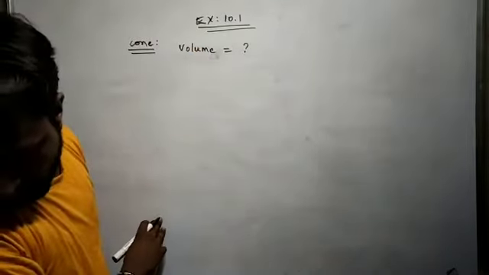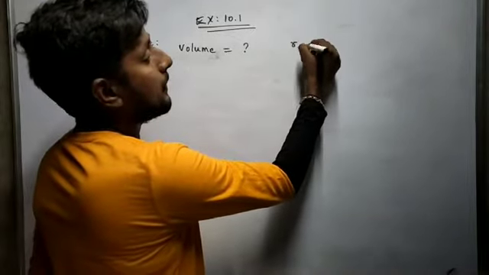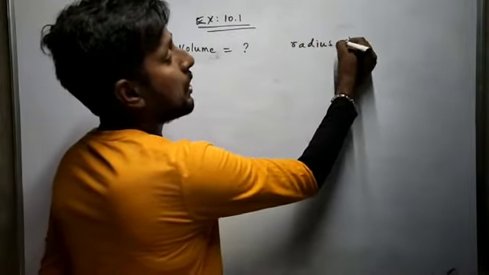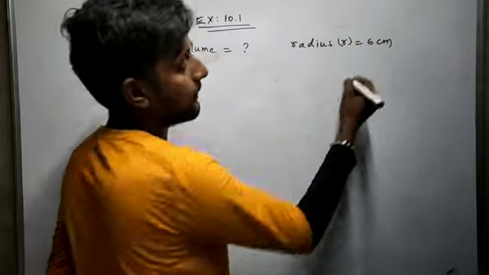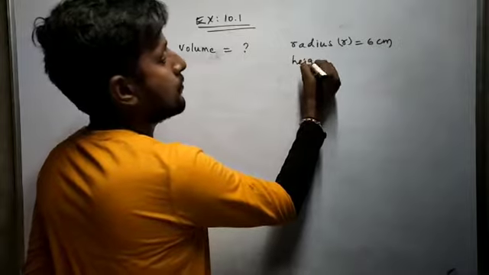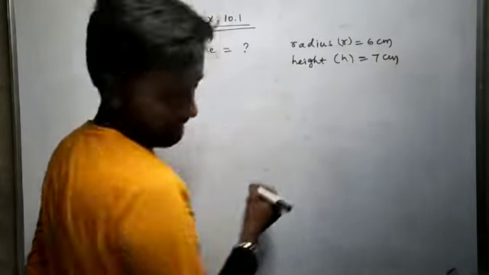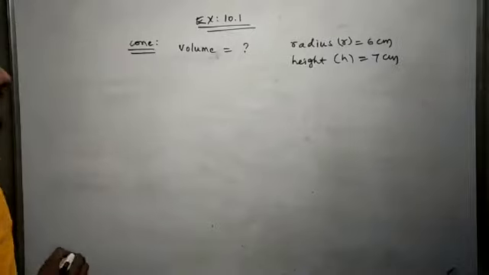What is given? He has mentioned that radius, small r, is equal to 6 centimeters and height 7 centimeters.